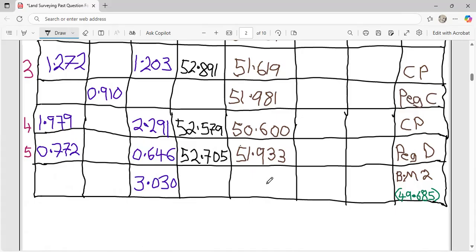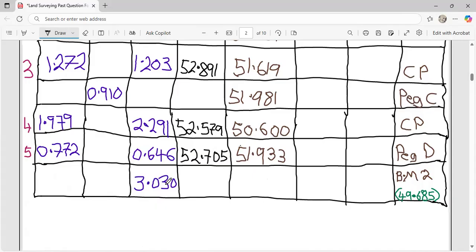In filling that, we have to just subtract our next reading, which is the foresight on the next row, from the HPC. And that is going to become 52.705 minus 3.033.